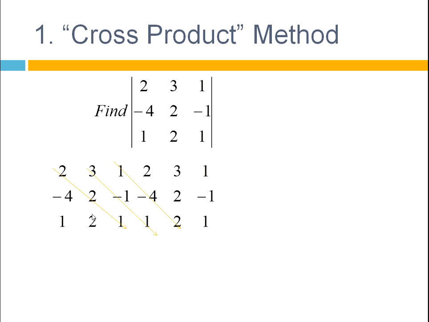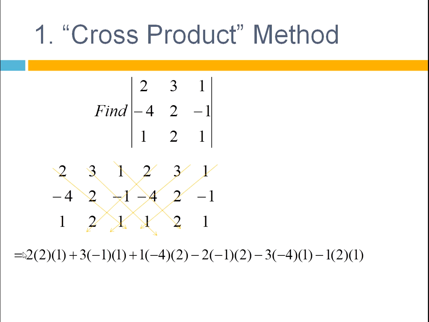Just do all those multiplications and add them all up, and then do it in the opposite direction and subtract each of these, being very careful with the negative signs. And you do all that, you get this expression here, and simplify that out and you get 7.